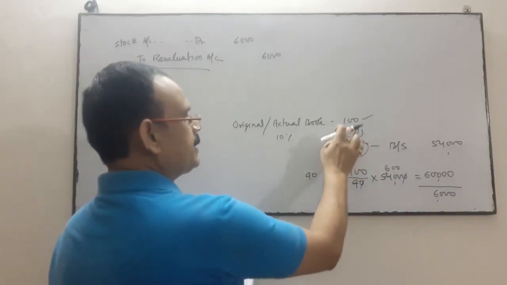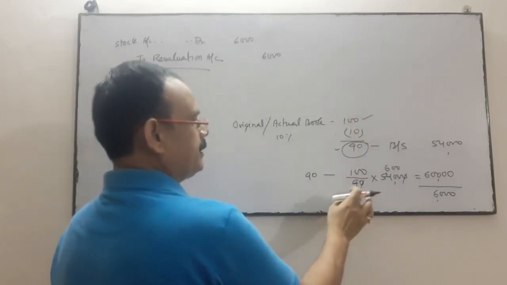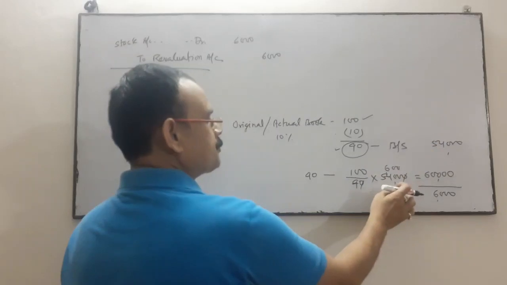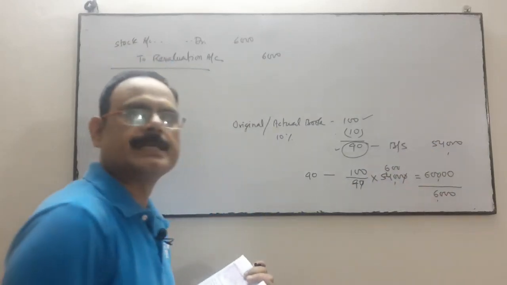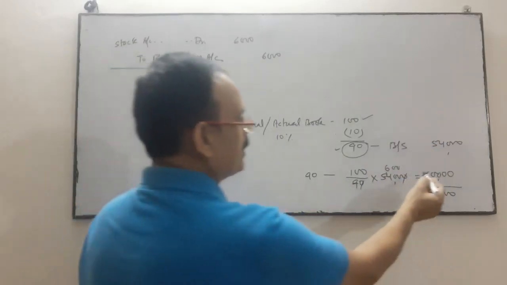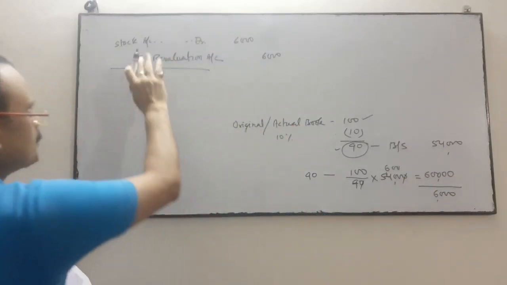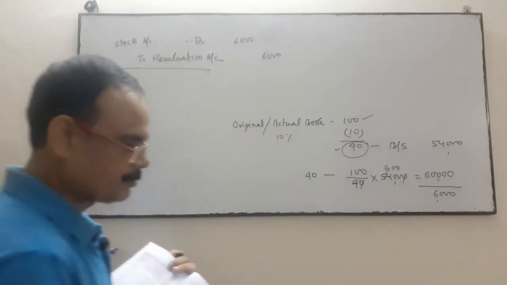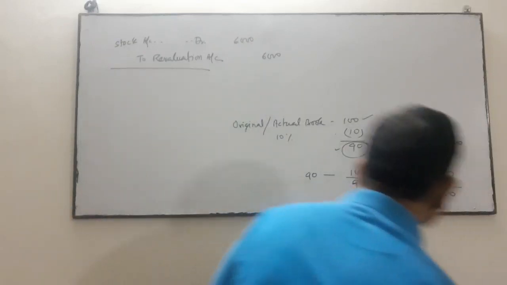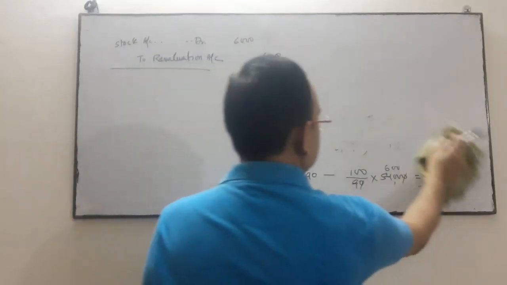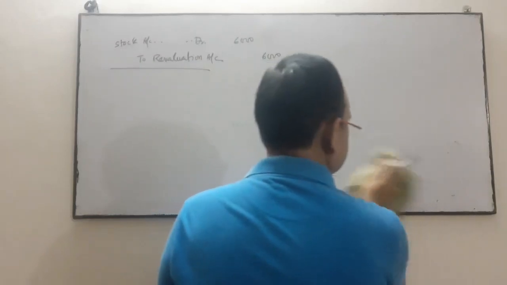So when it is 90, the actual book value is 100. So if it is 54, the actual book value will be 60. So it is increased by how much amount? 60 minus 54, 6,000 increase. This will be shown in the credit side of revaluation account because it's a gain.